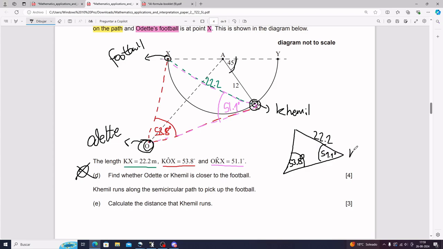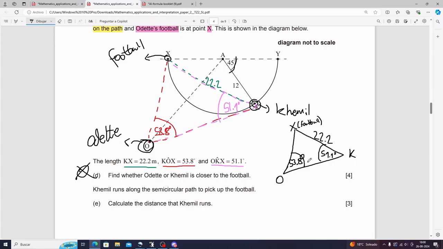You know that here you have Khemil, here you have Odette, and here is X for football. So this is what you know about your triangle. All you really have to do now is, you know the distance Khemil has to the football, from K to X, it's 22.2. Now all you have to do is find the distance from O to X. Compare both and see what happens.